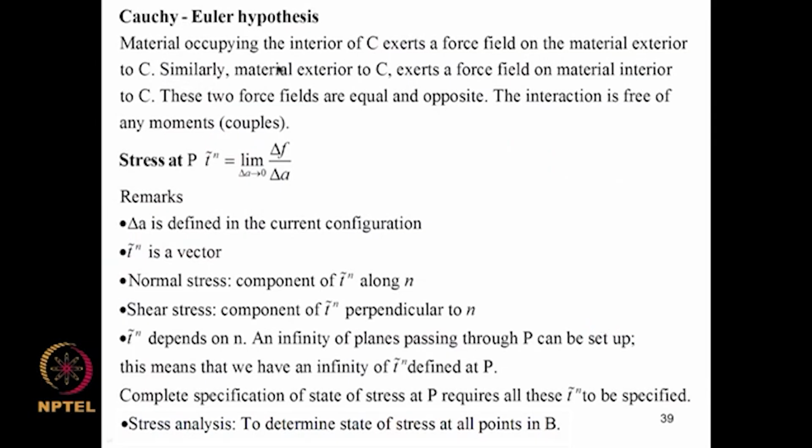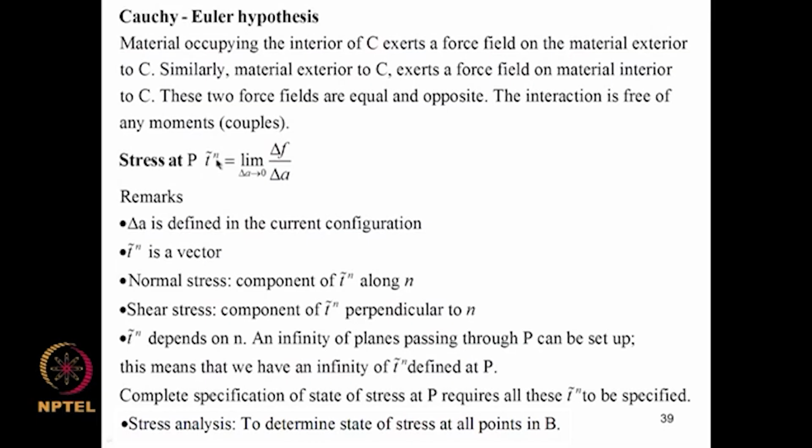It says that material occupying the interior of C exerts a force field on the material exterior to C. Similarly, material exterior to C exerts a force field on material interior to C. These two force fields are equal and opposite. The interaction is free of any moment, there are no couples. Delta F is only a force, there is no moment there. This is an assumption that we make.